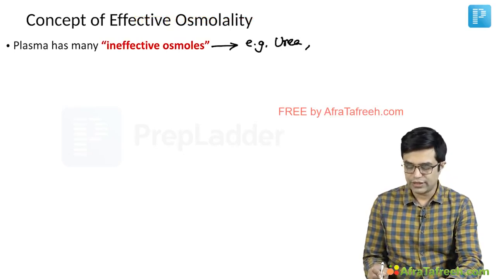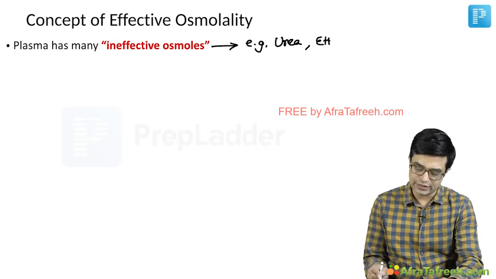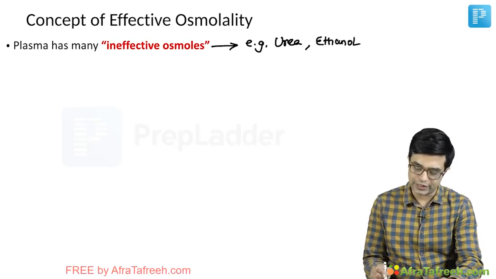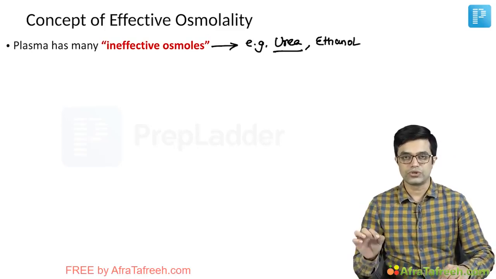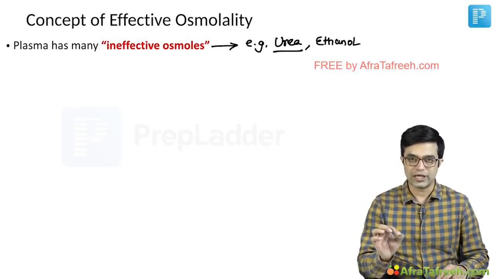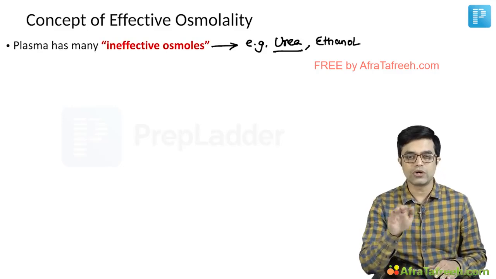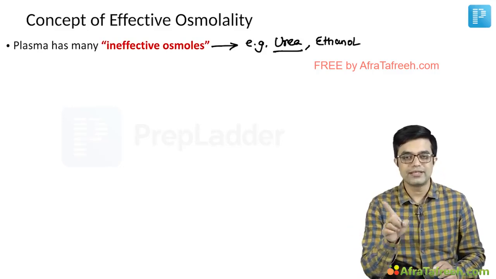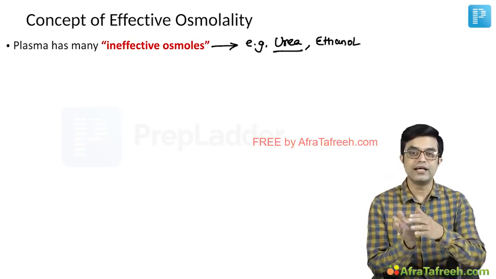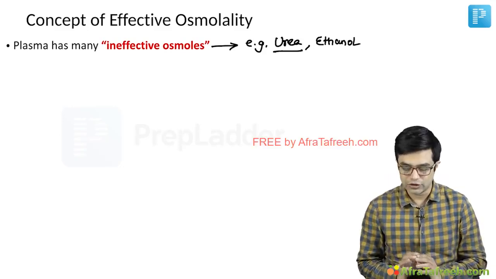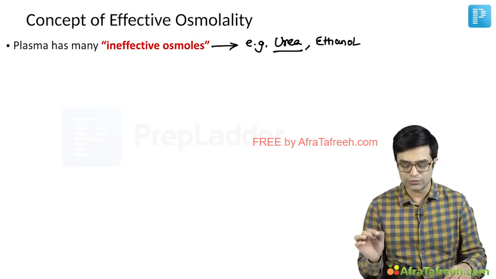In addition, if the concentration is high, ethanol is also considered an ineffective osmole. The reason is very simple. These solutes do contribute to osmolality, but they freely move across the plasma membrane. And since they freely move across the plasma membrane, they do not determine the guiding force for the movement of fluid. So they are also called ineffective osmoles.